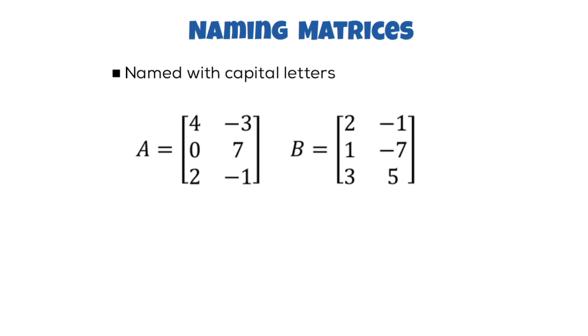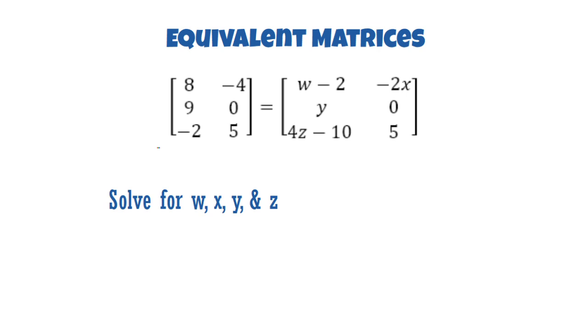We name matrices with a capital letter, so then we can start talking about them in reference to just what we'll call matrix A. Instead of having to write out the entire matrix, we will just name them with capital letters. Now, if you're going to have what we call equivalent matrices, then they pretty much have to be identical.